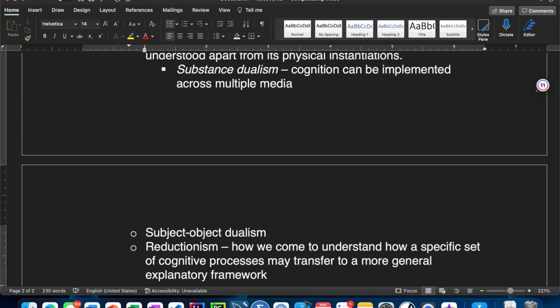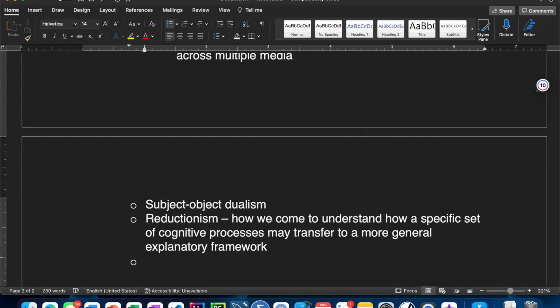Or said another way, reductionism is how we come to understand how a specific set of cognitive processes may transfer to a more general explanatory framework, right? So this would be doing things like think aloud protocols with students while they work through, for example, a word problem in a math class. And then taking the outputs of that, understanding sort of the metacognitive processes as well as the procedural cognition that happens there, as far as the actual steps you have to go through to execute that math problem, and then generalizing that out to a larger explanatory framework.